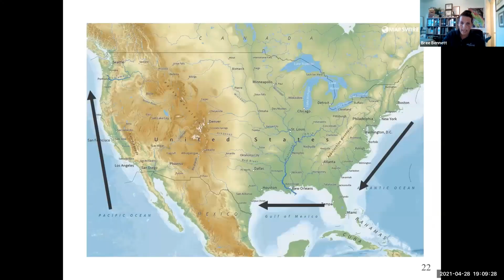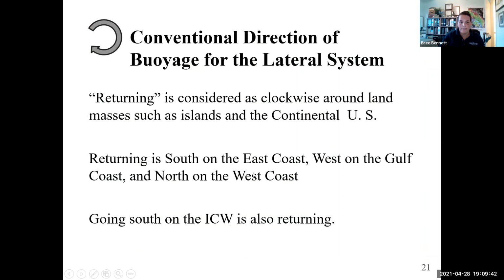So we have this returning, your numbers will be increasing, but we also have a system or a direction, if you will, for intercoastal waterways. So typically, again, 90% of the time, you're going to see that the numbers will be increasing from your sea buoy out seaward and getting bigger and bigger as they go closer to shore.